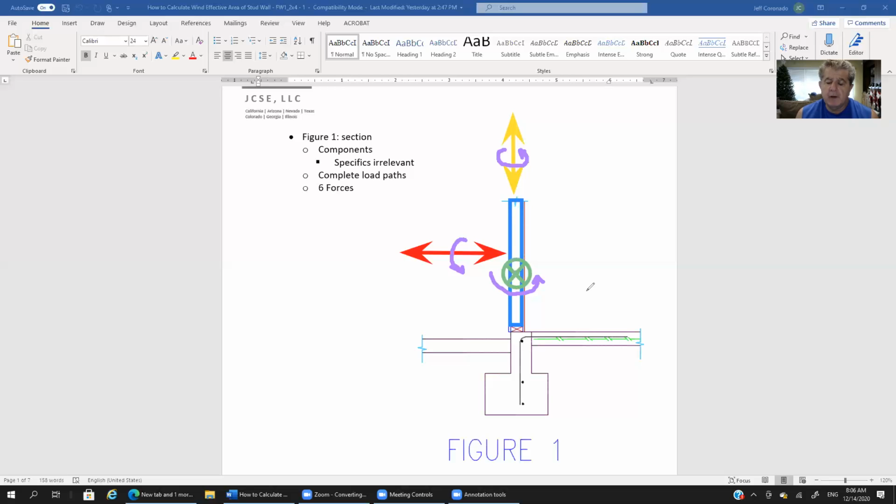Okay, so we have none of the 3 moments, and we have no F sub z. We're left with just F sub x and F sub y, and we're not covering F sub y in this tutorial. So really what we want to focus on is just F sub x, the force that acts on this stud acting out of the plane of the wall, acting from left to right.